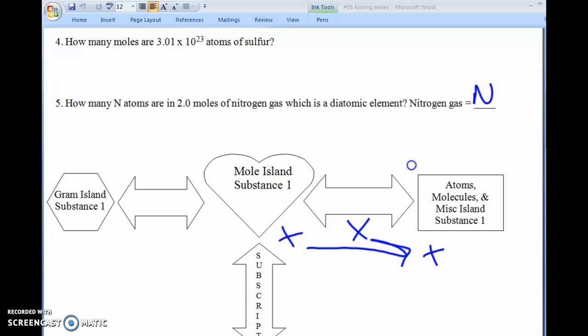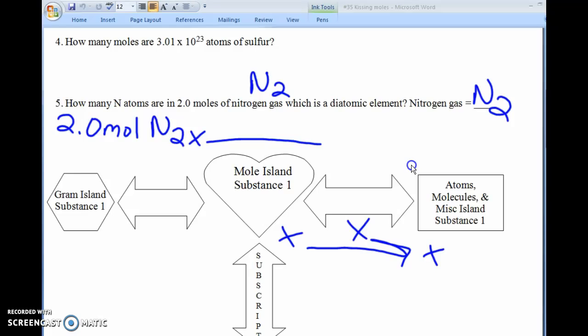That means nitrogen gas is N2. So how many atoms are there in 2.0 moles of nitrogen gas? I start with what they give me. 2.0 moles of N2. I put a multiplication sign, I put a division bar. Whatever the label is here, I put on the bottom of this first step. So I go mole N2.